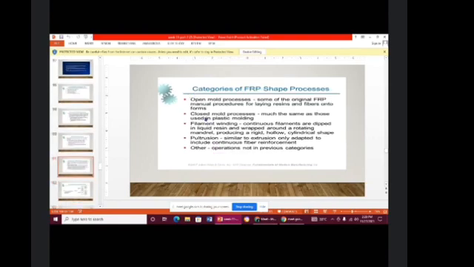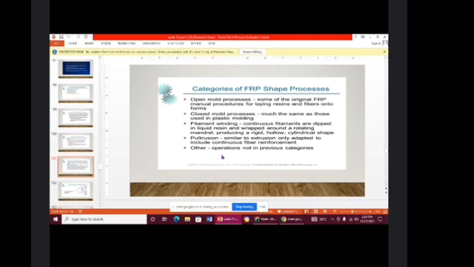The categories of FRP shaping processes are, first, open mold processes, some of the original FRP manual processes of laying resin and fiber onto a form. Number two is closed mold processes, which are much the same as those used in plastic molding.